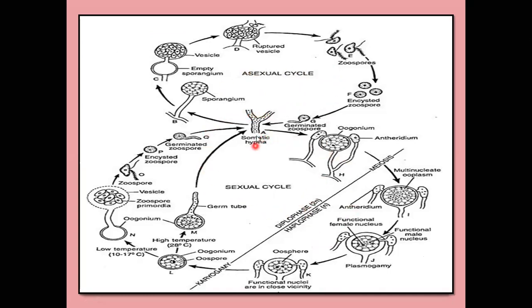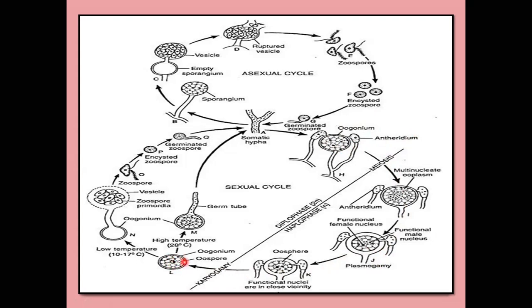This is the somatic hyphae. Somatic hyphae germinate under favorable conditions and finally produce the oogonium, meaning female gametes, and the antheridium, meaning male gametes. These oogonium and antheridium fuse with each other by plasmogamy and meiosis. Finally, two-walled spherical oospores develop by the sexual manner.